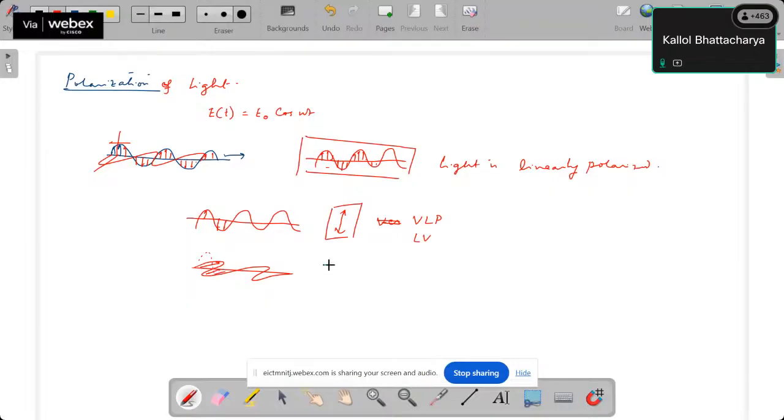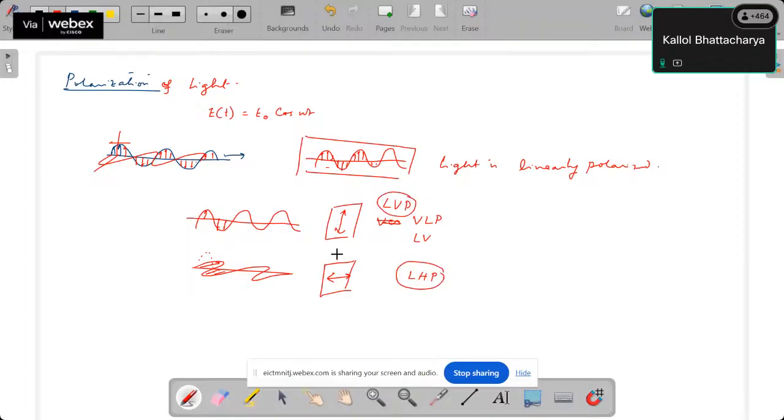Then we will draw something like this, and we'll say light is horizontally polarized. Okay, so this is linear horizontal polarization, and the earlier one is linear vertical polarization.